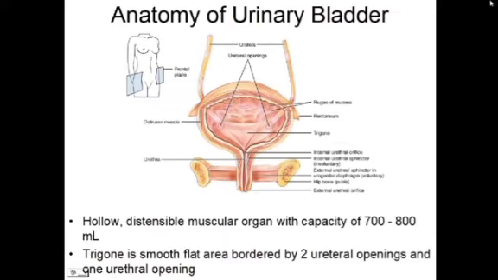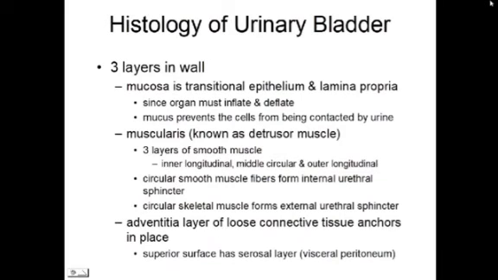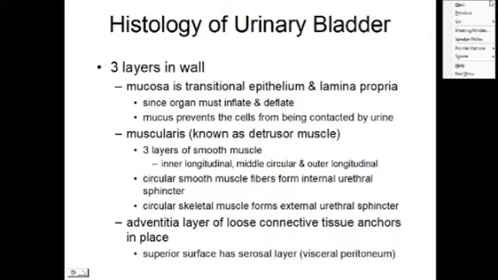The urinary bladder is a hollow, distensible muscular organ with a capacity of 700 to 800 milliliters. Again, the histology of the urinary bladder, it has 3 layers in the wall. The mucosa is transitional epithelium and the lamina propria. Muscularis, consisting of 3 layers of smooth muscle, inner longitudinal, middle circular and outer longitudinal.